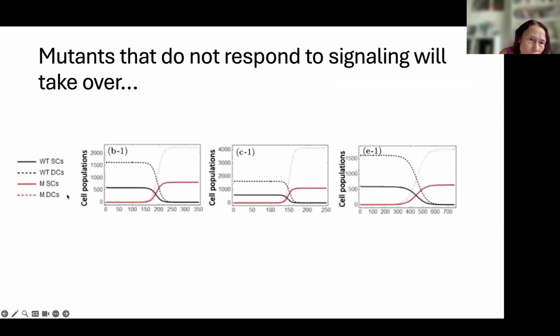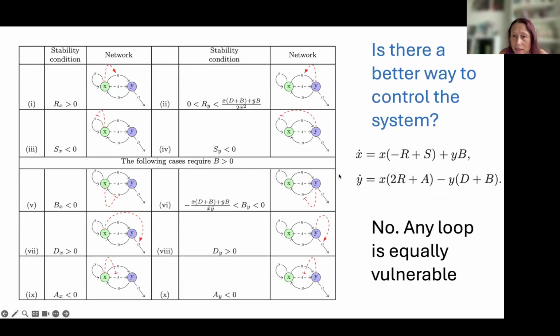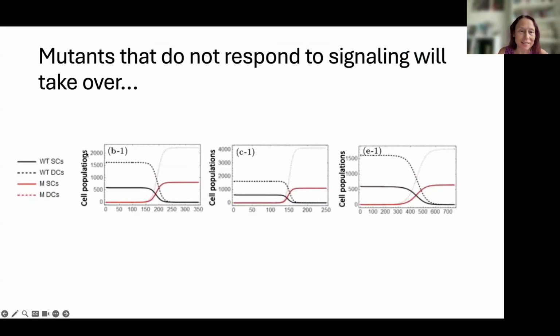Okay, so for example, here, this is a simulation where we take this system and assume, okay, r is a function, like this one, for example, r is a function of x such that it grows with x, so stick in some growing function of x and simulate it, right? The rest of the parameters are constants. We start from an equilibrium, so these are normal wild type stem cells, and these are normal differentiated cells.